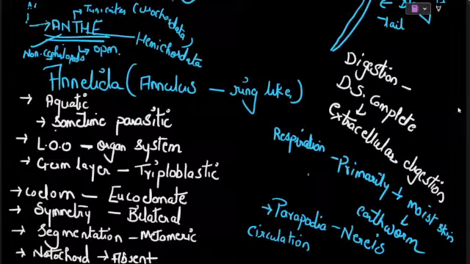And E stands for echinodermata. Open circulation or closed? It is for open circulation. Circulation in Annelida, usually closed type. Correct?